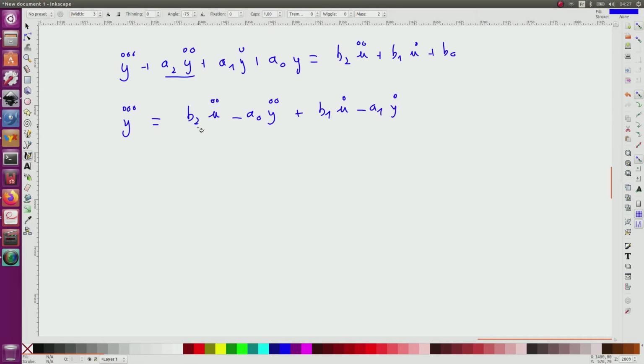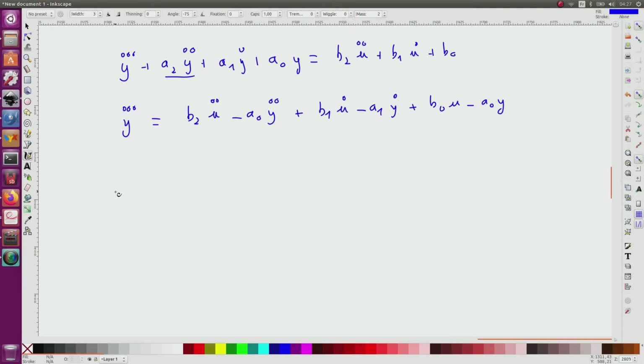So I can understand that first I put the second derivative, then the first derivative, and then b0 u minus a0 y. Okay, so here no derivative.